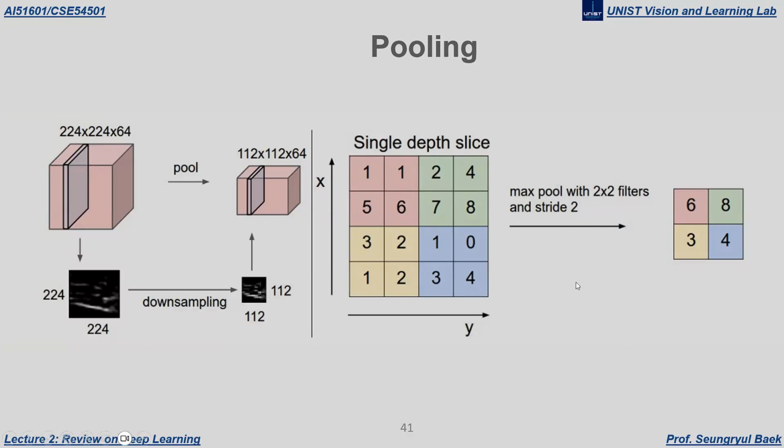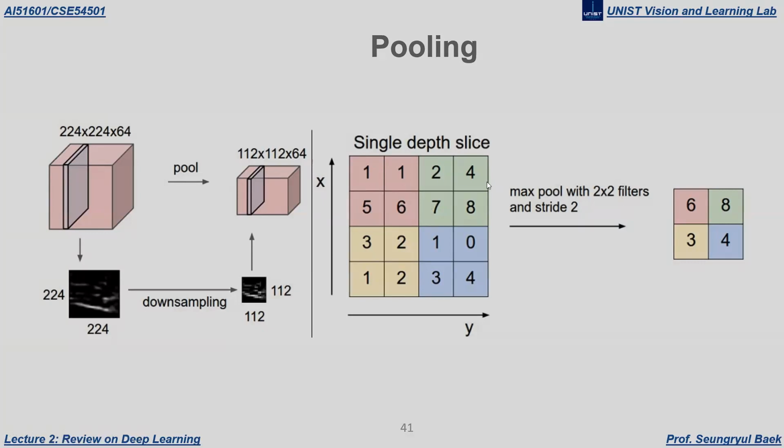That's the pooling operation. There are several ways to select the pixels, but the one used here is to choose the maximum value among the window pixels. So for 1, 1, 5, 6, you will choose 6 because it has the maximum value.